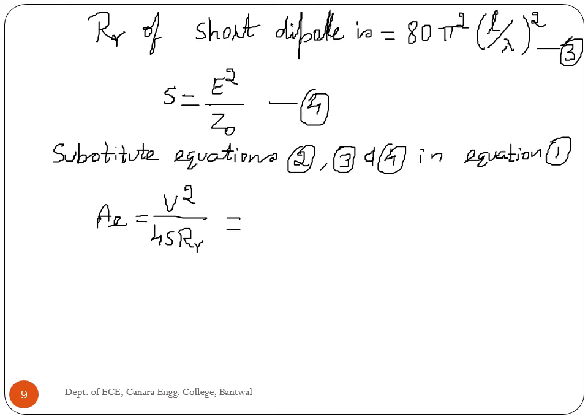So V is E into L, that's why E square L square divided by 4. S is E square divided by intrinsic impedance, that is 120 pi.